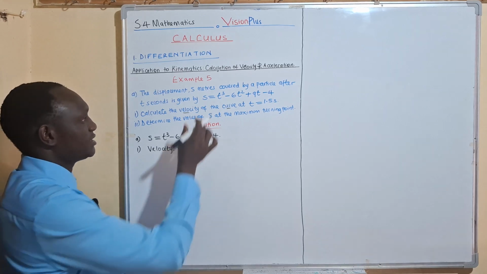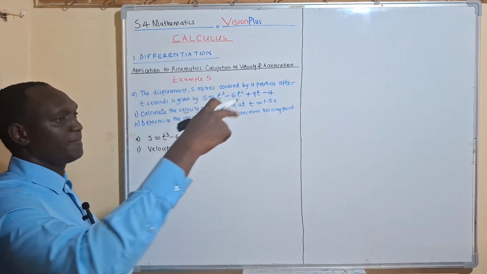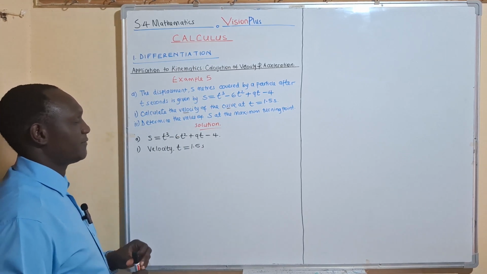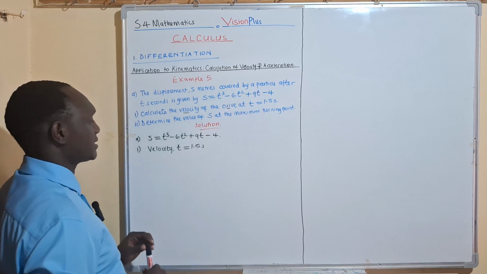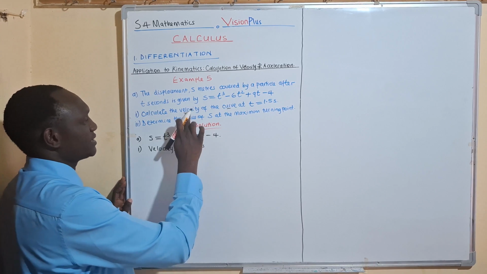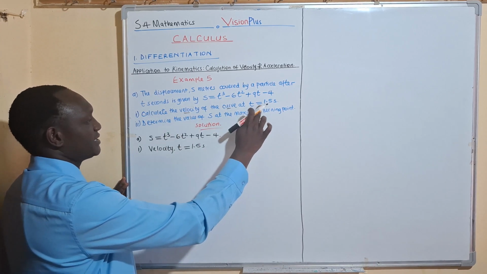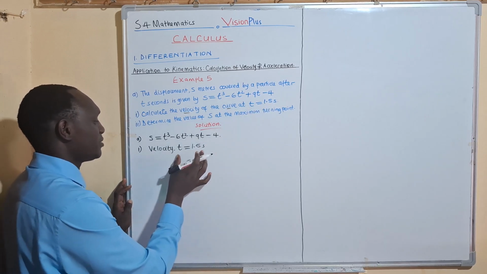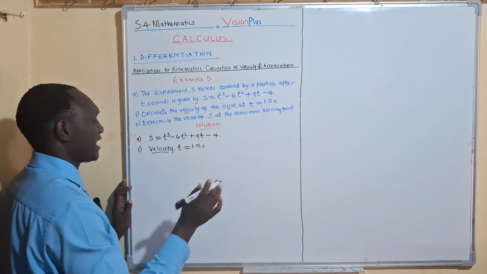The motion of this particle is defined by a curve. That is not our interest, but we can plot this curve. For us to get the velocity at a given time t, 1.5 seconds, we need to get the expression for the velocity at any time t.